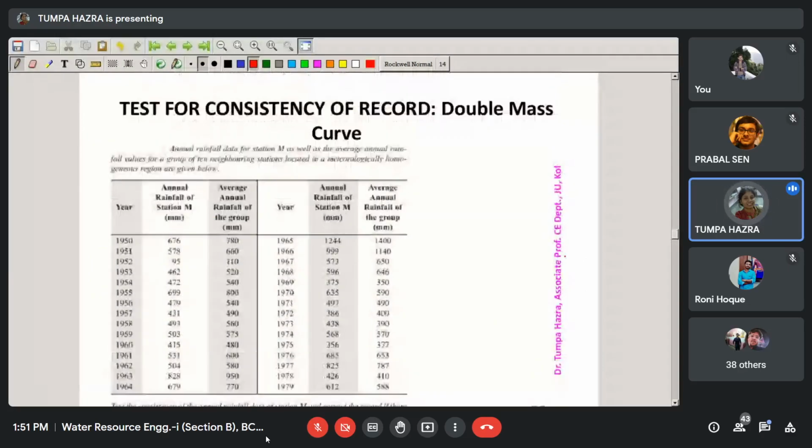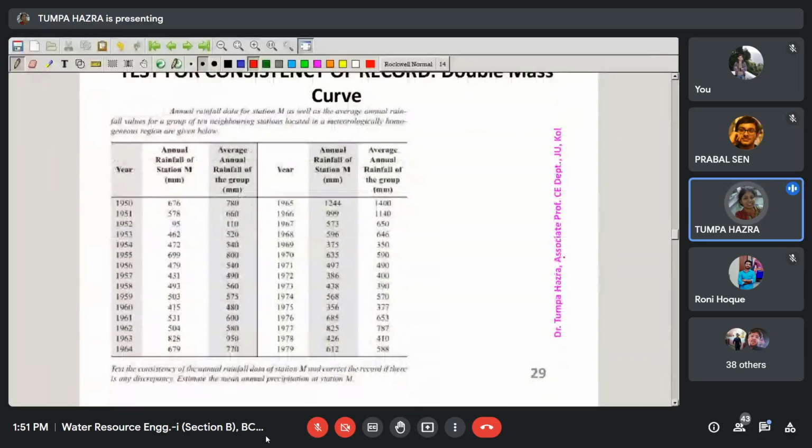Test for consistency of record. Annual rainfall data for station M as well as the average annual rainfall values for a group of 10 neighboring stations located nearby are given below.